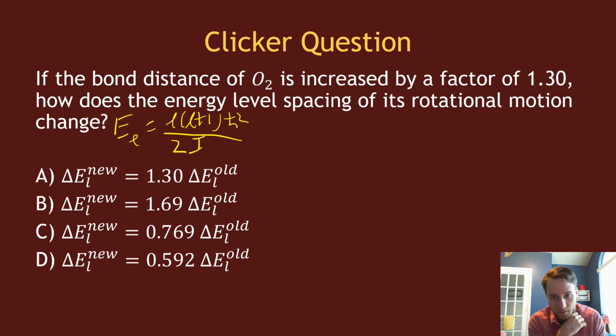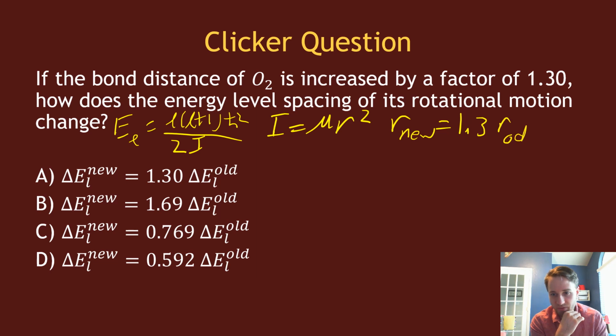We know I is related to mu r squared, where mu is the reduced mass, which happens to be 1/2 times the mass of O2 for this problem. Not too relevant. The main thing here is that in the problem we're told that the new bond distance is equal to 1.3 times the old bond distance.